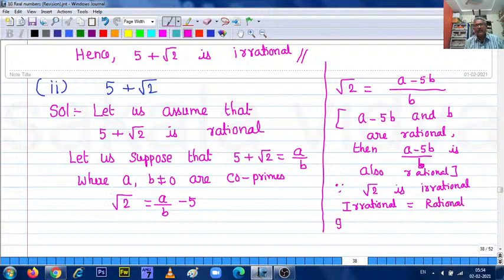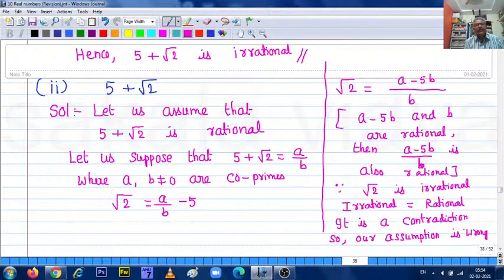It is a contradiction, or it leads to a contradiction. So our supposition is wrong. Our assumption is wrong. Hence 5 plus root 2 is irrational.